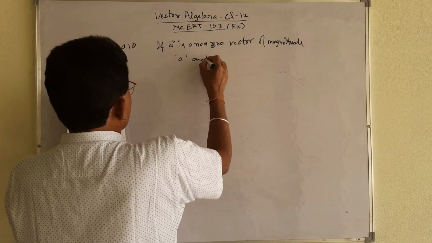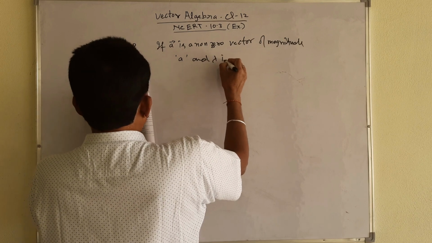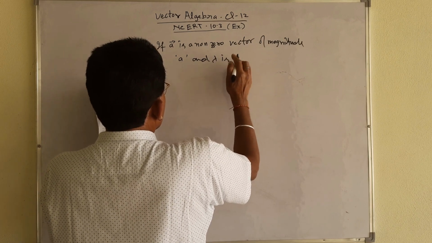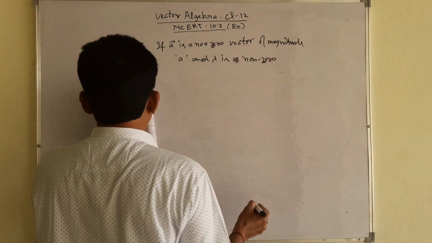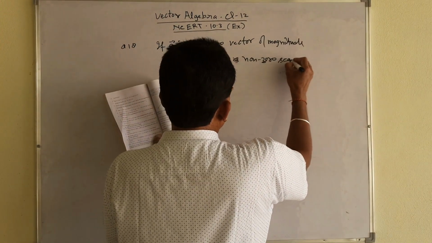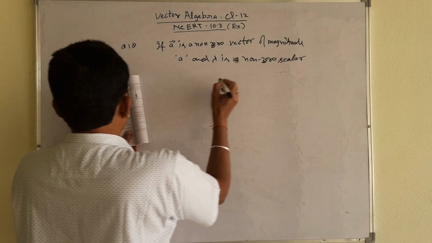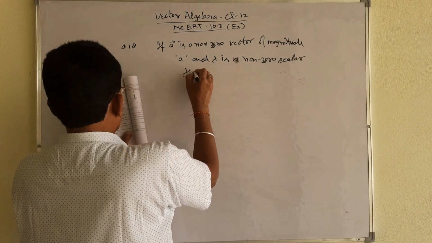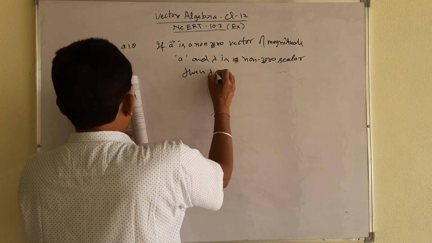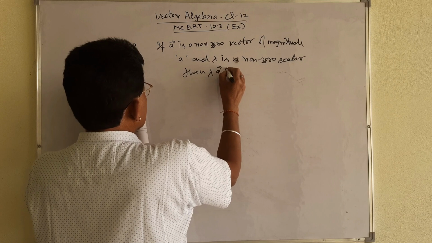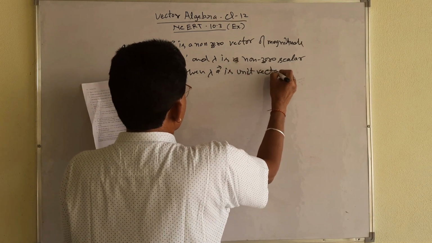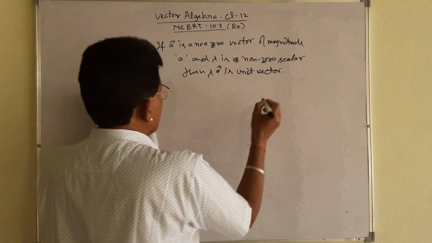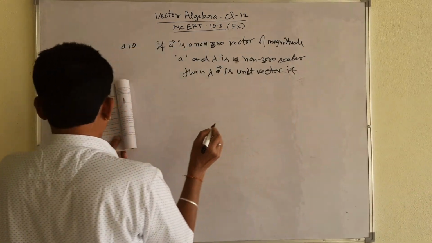And lambda is a non-zero scalar. देखिए क्या क्या दिया हुआ है. Then you will have to prove that lambda A is a unit vector, if there are 4 cases.